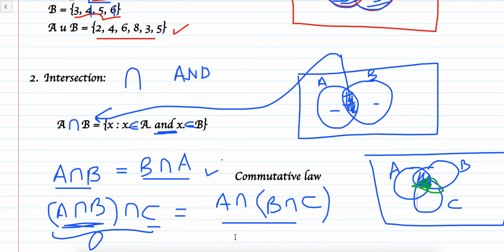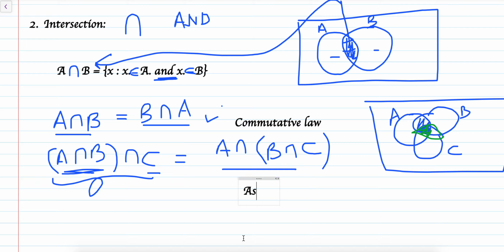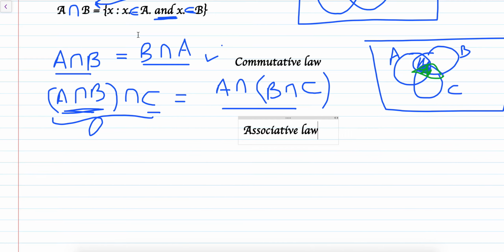And we give a special name to this property also, we call it associative law. So this was commutative law, this is associative law. And third we will see A intersection phi is equal to phi.